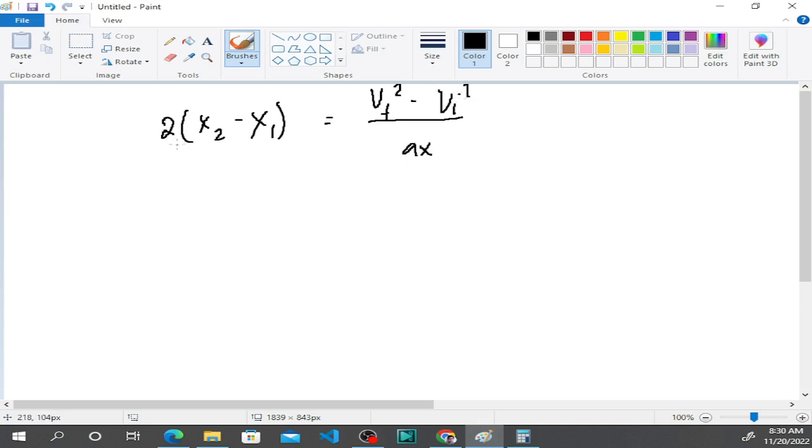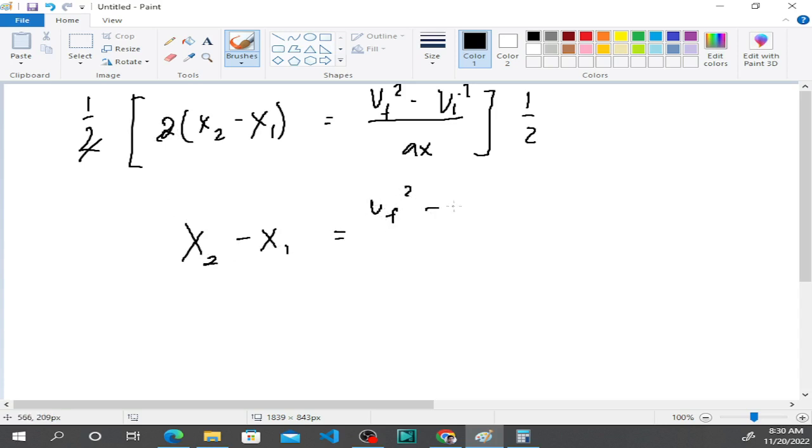You can just divide both sides by 2 or multiply both sides by 1/2. So we'll do that. This one will cancel out, so you will see that x₂ − x₁ is equivalent to (v_f² − v_i²) all over 2a_x.